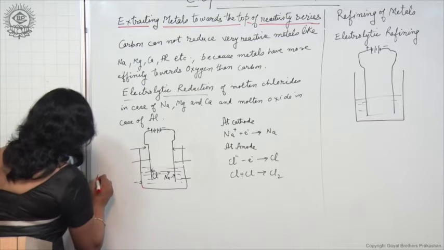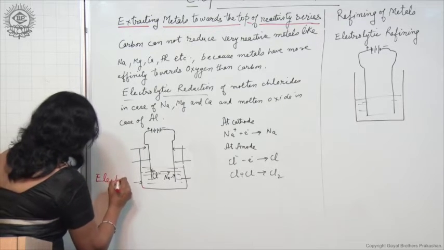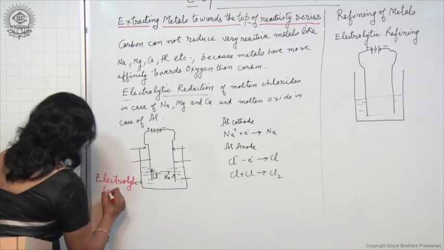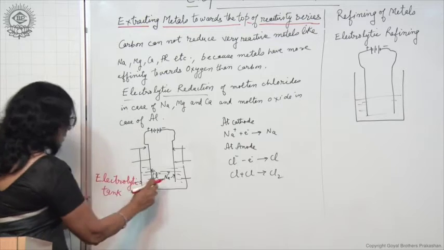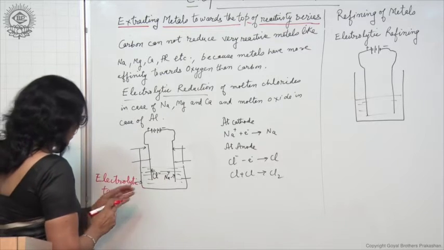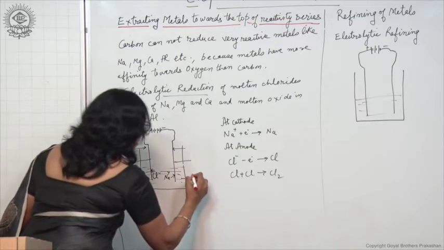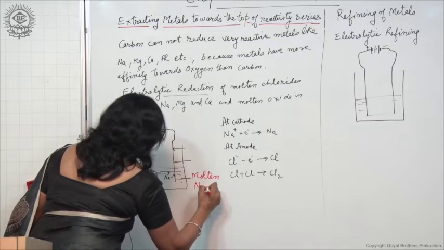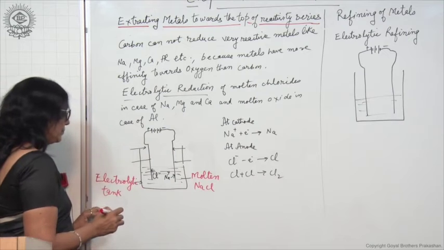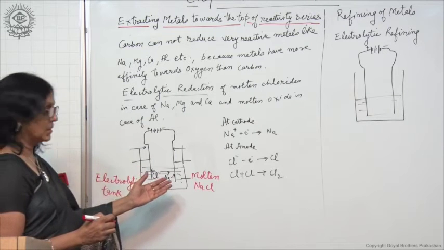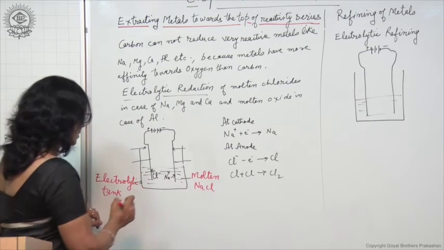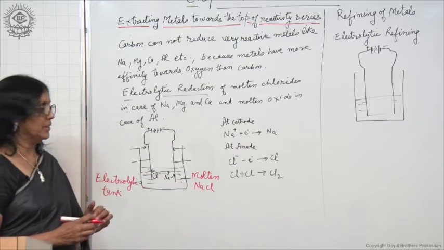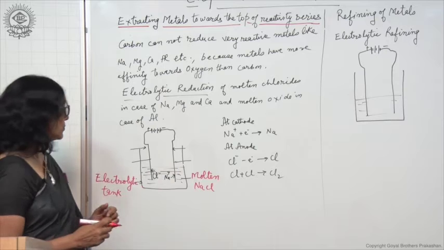In the electrolytic tank, the molten salt is taken. Let us take in this case molten sodium chloride. Two electrodes are immersed in this molten NaCl and connected to a battery, a source of electric current.